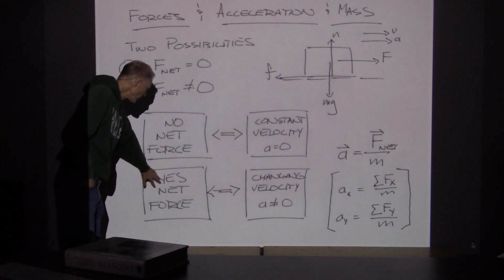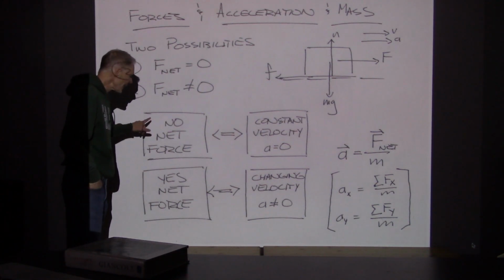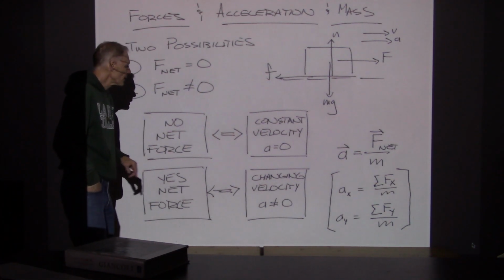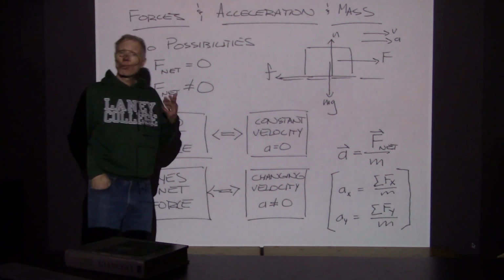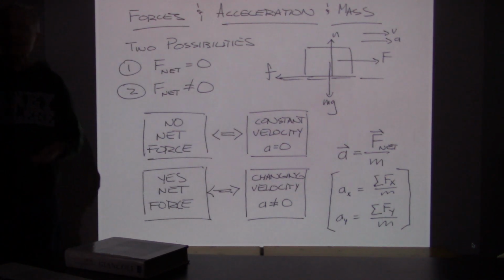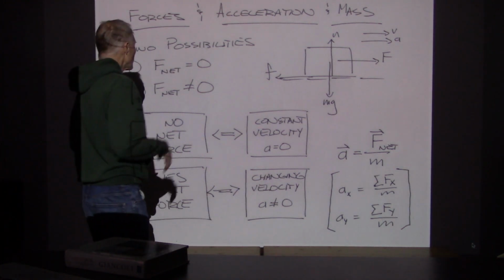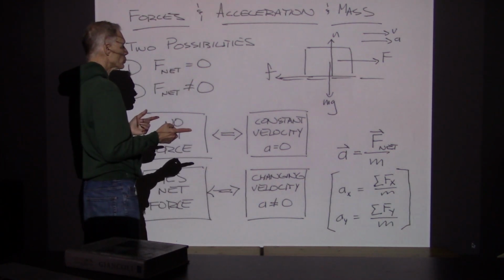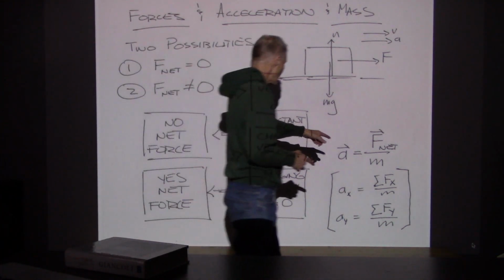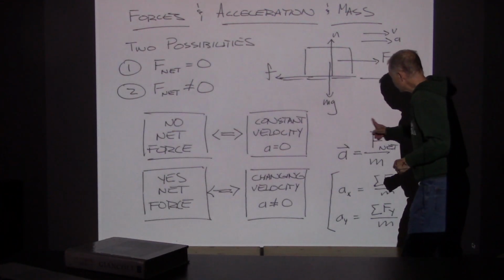Now, what if there is a net force? What if, yes, net force, then the velocity would be changing. As a result, the acceleration cannot be 0. And so, depending on x and y directions, see how we've listed this. Here is the formula.